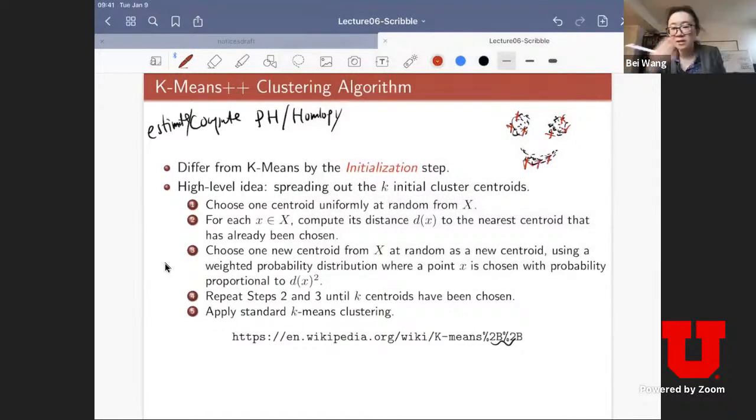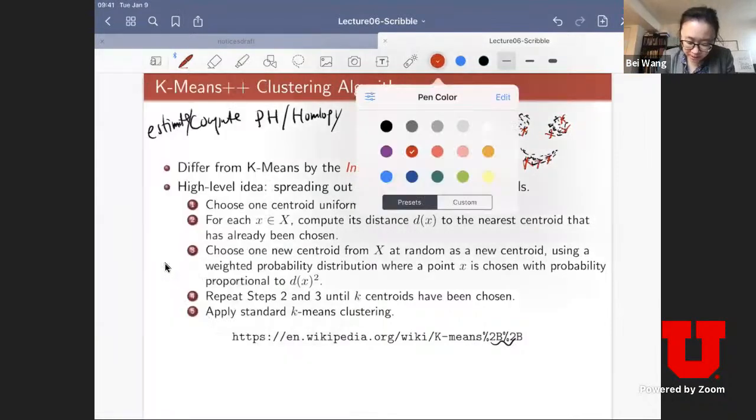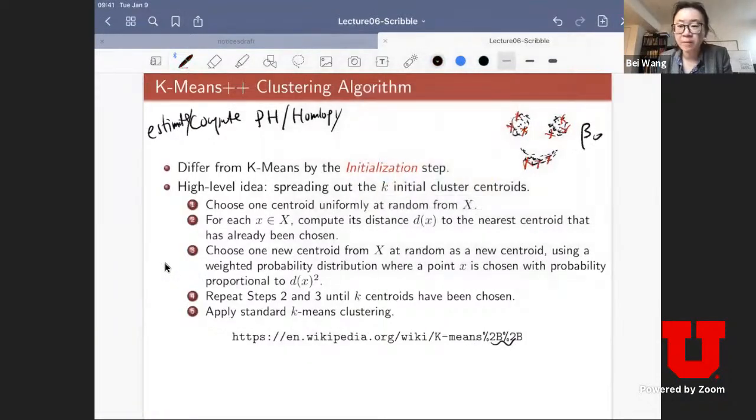Even in this case, I just choose a sample of, say, 9 points. But hopefully my sample is based on some density estimation, whatever. I can sample my point cloud and estimate basically my Betti zero, right? What is the number of components I have? And that will help me to pick K, okay?